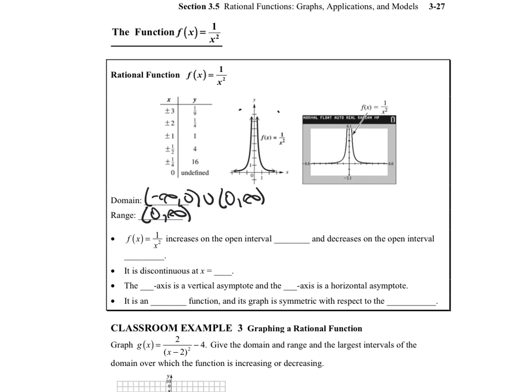It increases on the open interval, negative infinity to 0, and it decreases on the open interval 0 to infinity. It's still discontinuous at x equals 0. The y-axis is still a vertical asymptote, and the x-axis is a horizontal asymptote. It's an even function, and its graph is symmetric with respect to the y-axis.